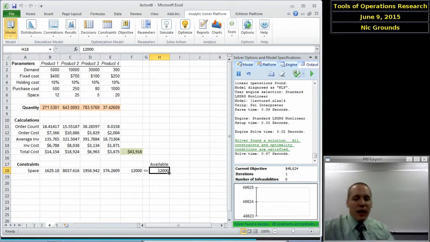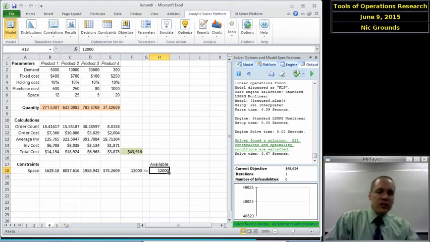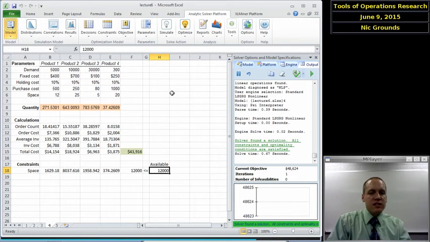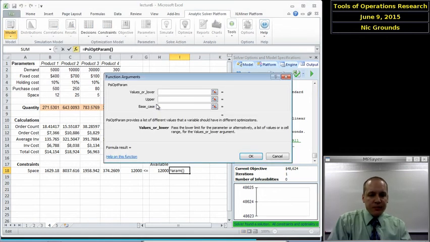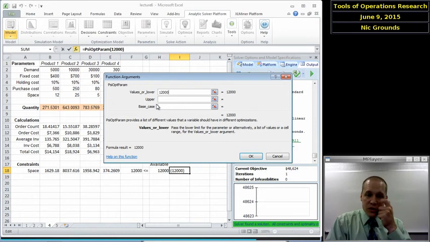Just out of curiosity, let's do some optimization sensitivity. So I'm going to choose just this cell out to the right here and do optimization parameter. We know we'll use as our lowest value 12,000, and let's say we could triple our space, maybe.